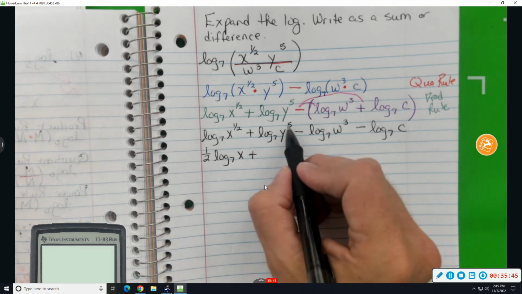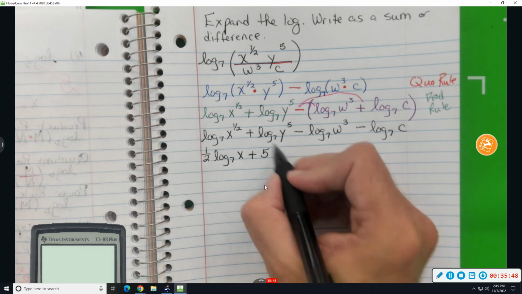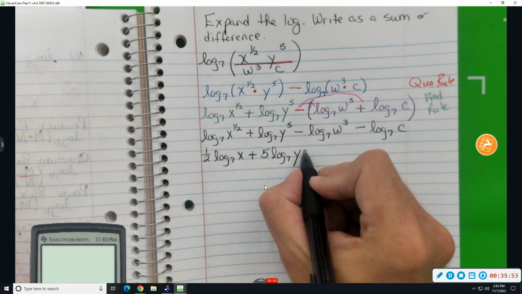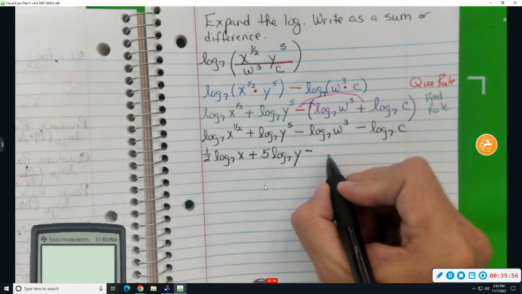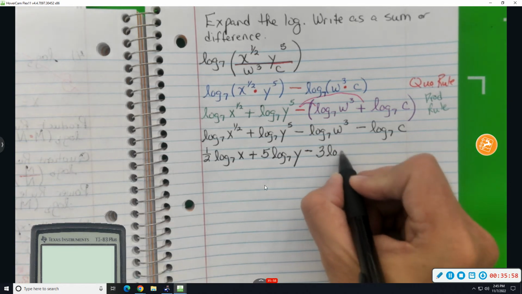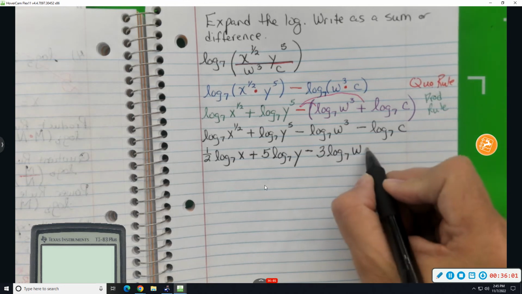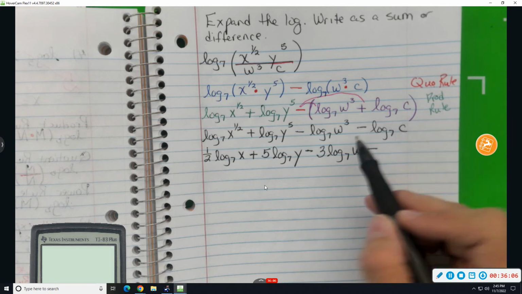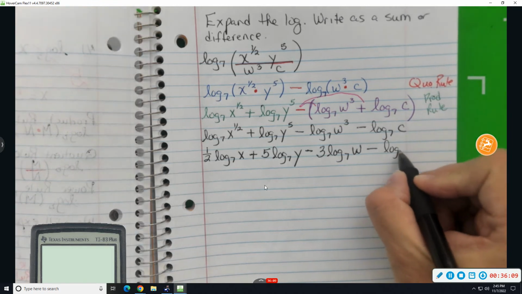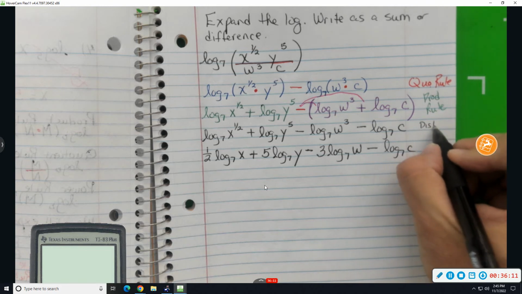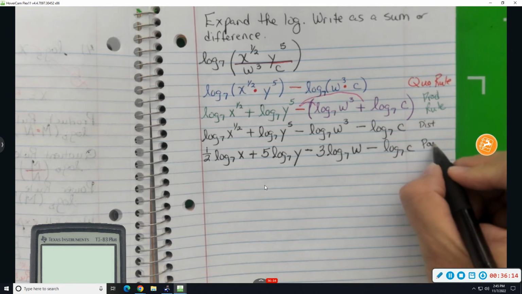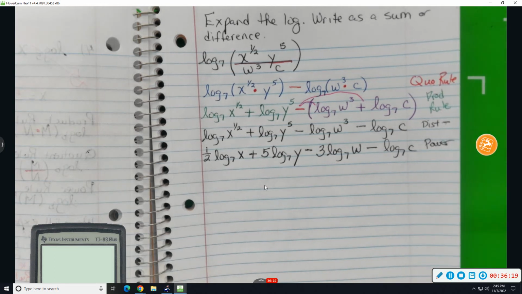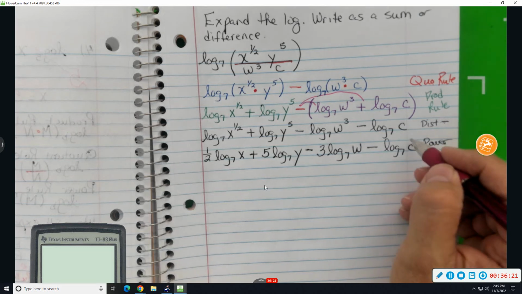Then a plus, bring the 5 down, log base 7 of y, minus, move the 3 in front of the letter L. And then here on the last one, there's not an exponent at the end, so you don't move anything down there. Okay. So here's our answer.